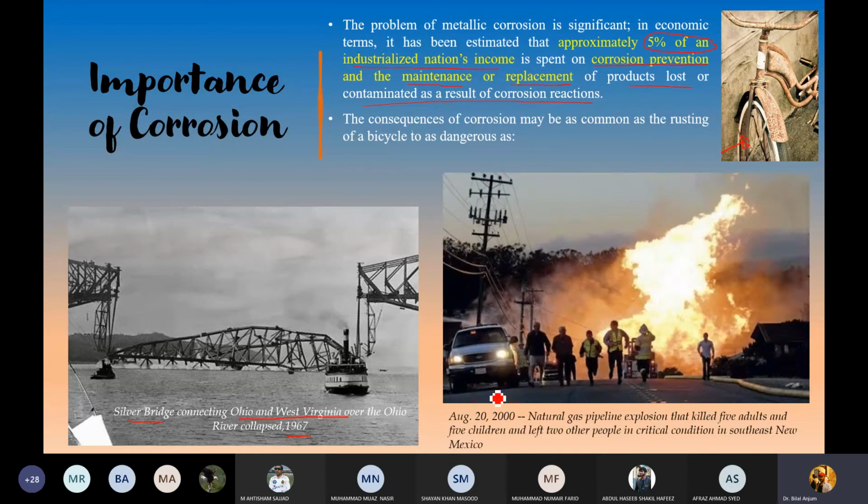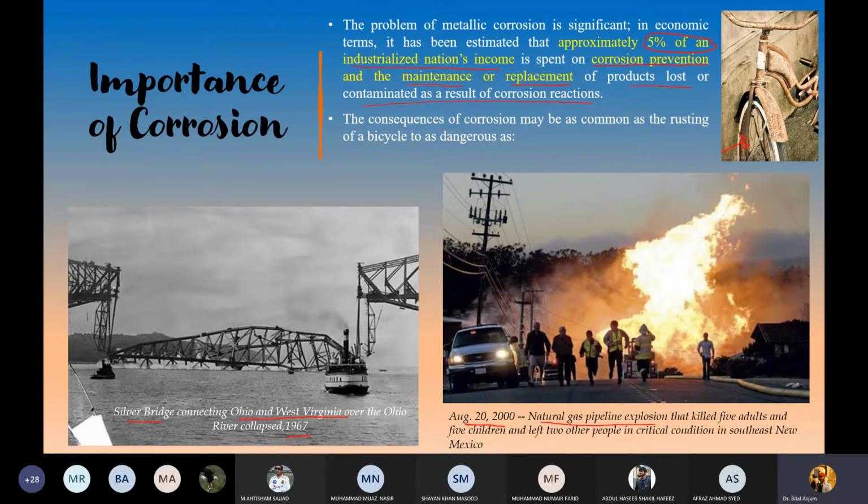Or in August 2000, the natural gas pipeline explosion that resulted in several deaths was again associated with corrosion of the pipeline, and the pipe was not able to bear the internal pressure, which resulted in the explosion. Again, this could be very simple, or it could lead to a very catastrophic failure. This is the general overview of what corrosion is and how important it is.